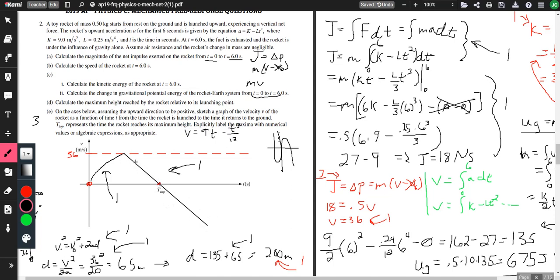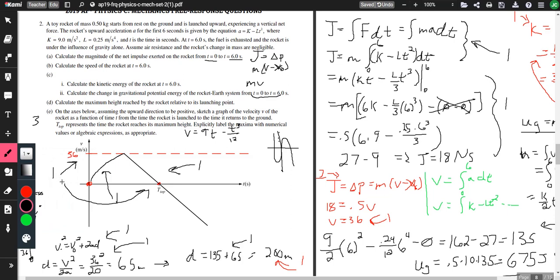You'd want to make sure that it actually does cross over that line. And then you get 1 point for having the max value be equal to whatever you got in part B, as well as having it cross at T. So those 2 points were all wrapped up into this 1 point.